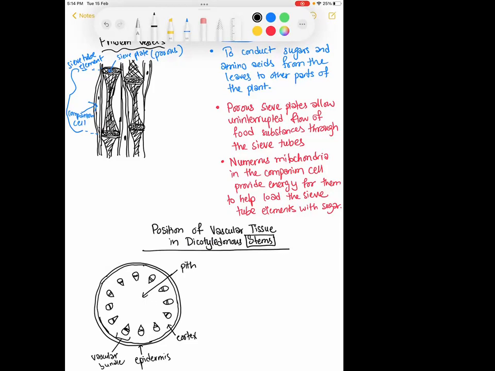Okay. Now, what does it consist of? Yeah, so this one right here, let me do it in a different color. Xylem.